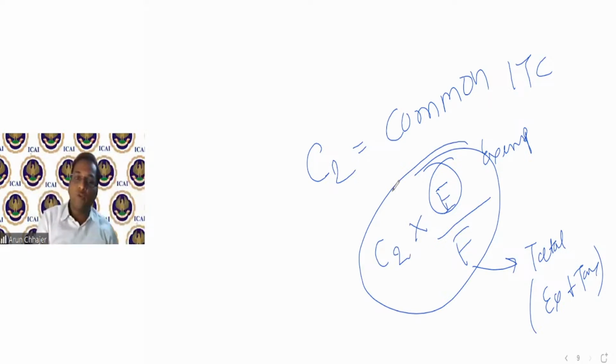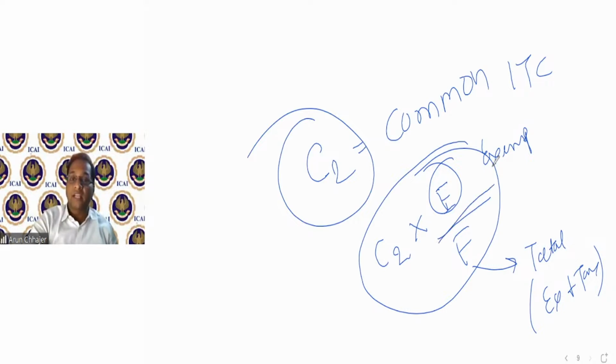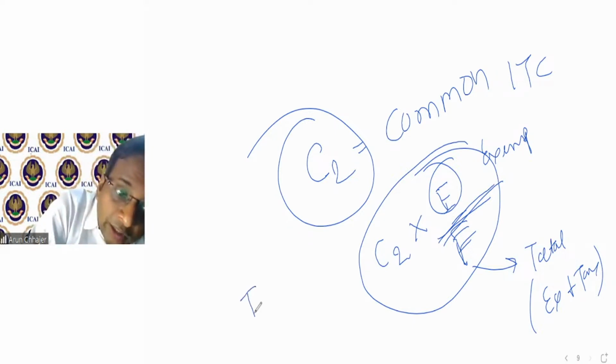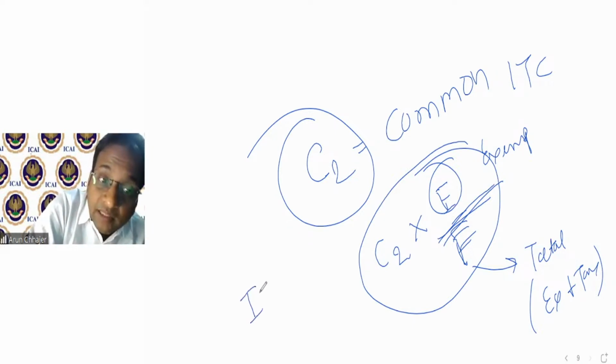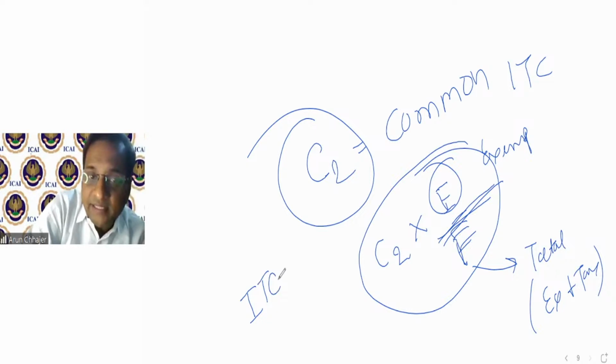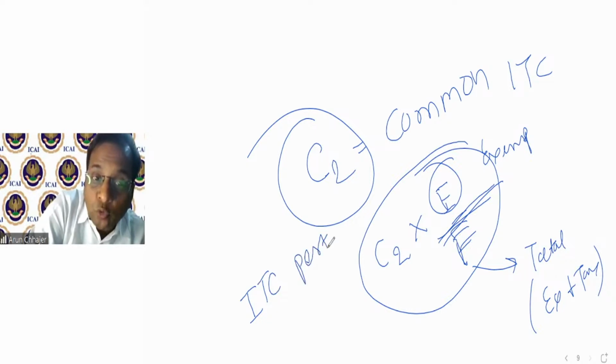It is called C2, which is nothing but the common credit. You will apply the formula E divided by F, where E is exempted supply and F is the total supply. By this formula, you are calculating the common ITC pertaining to exempt supply.